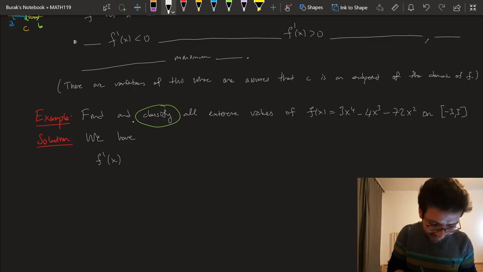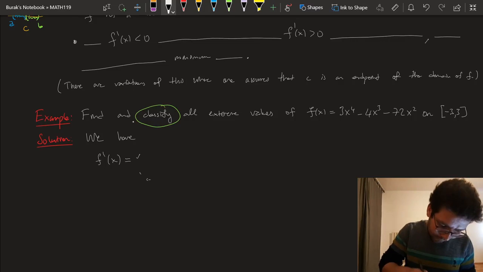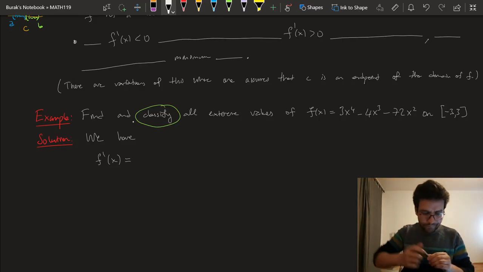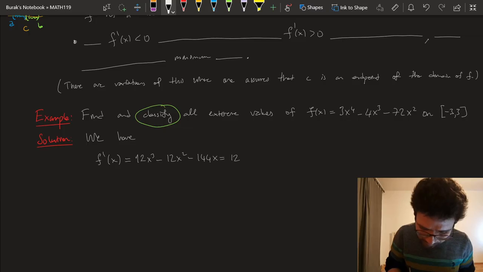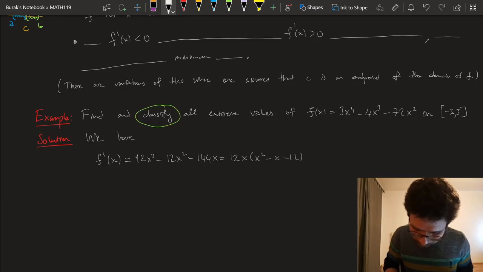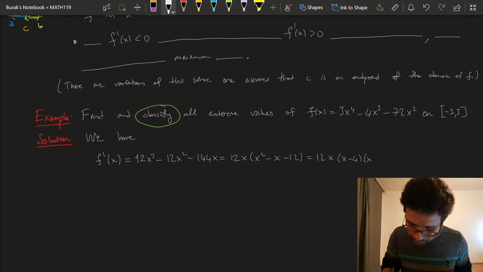So let's take the derivative of this. The derivative of the first term is 12x cubed minus 12x squared minus 144x, and if you take 12x out in parentheses, you get x squared minus x minus 12, which factors as 12x times (x minus 4)(x plus 3).